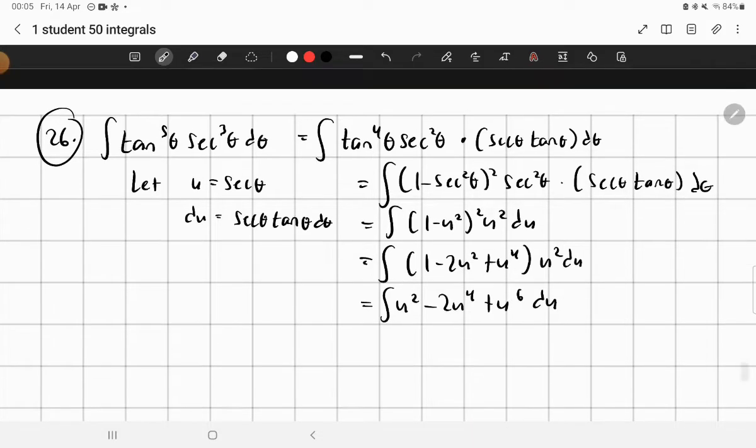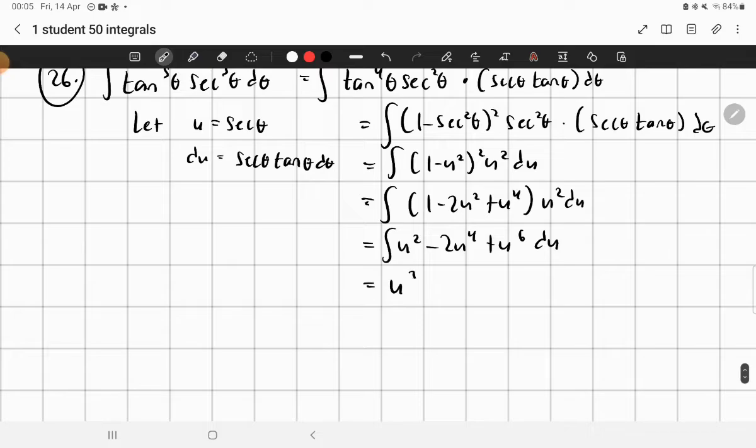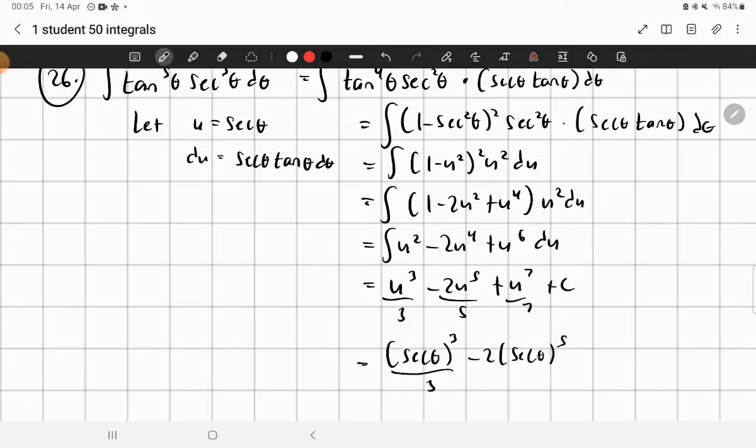By using the power rule, u to the power 3 over 3 minus 2 times u to the power 5 over 5 plus u to the power 7 over 7 plus c, and then we know that u comes from secant theta, so secant cubed theta over 3 minus 2 secant to the power 5 theta over 5 plus secant to the power 7 theta over 7.